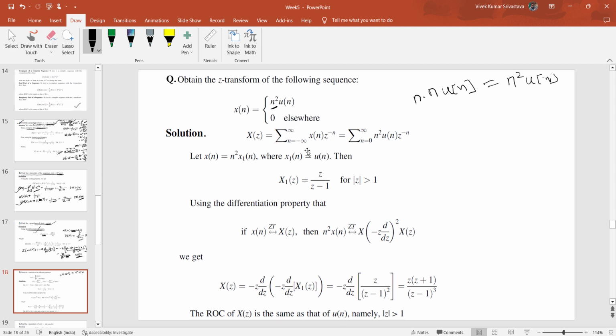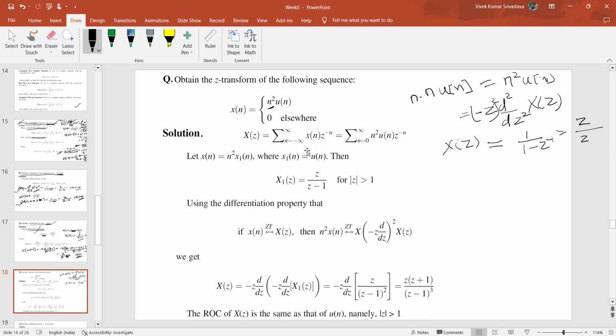Okay, so corresponding to this, the z transform is defined as minus z d by dz, squared, that is z square into d square by dz square of x of z. Here x of z is equal to 1 over 1 minus z inverse, or say z over z minus 1.